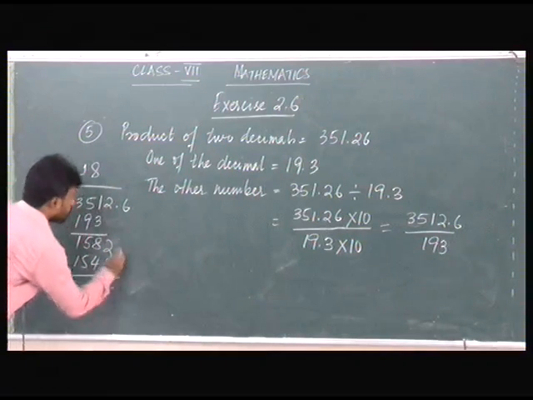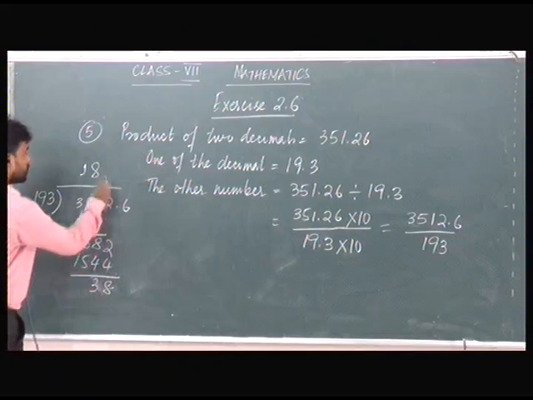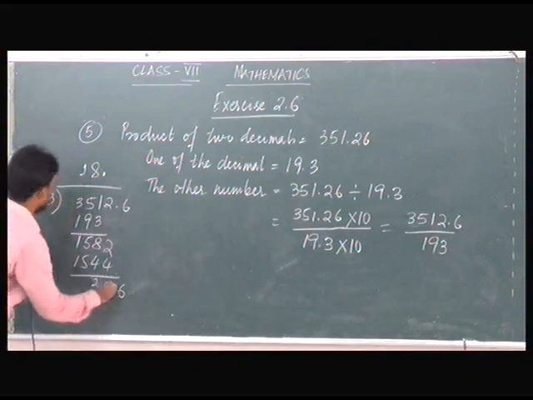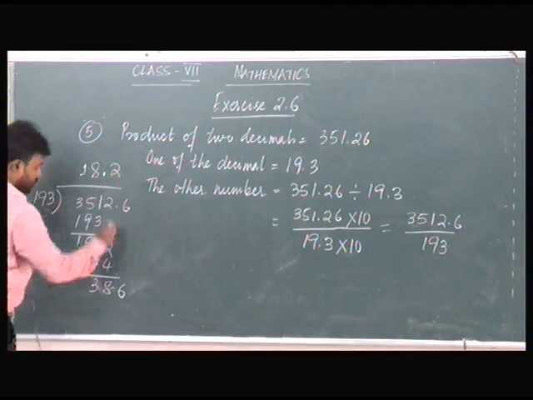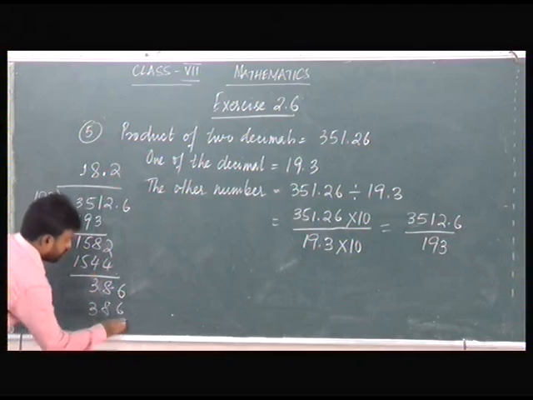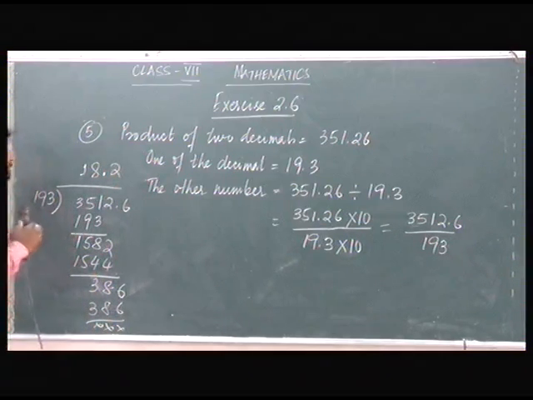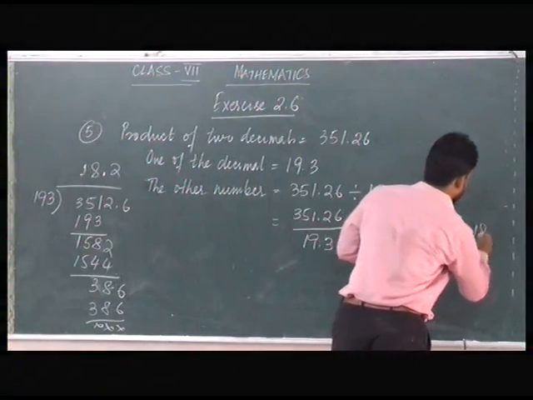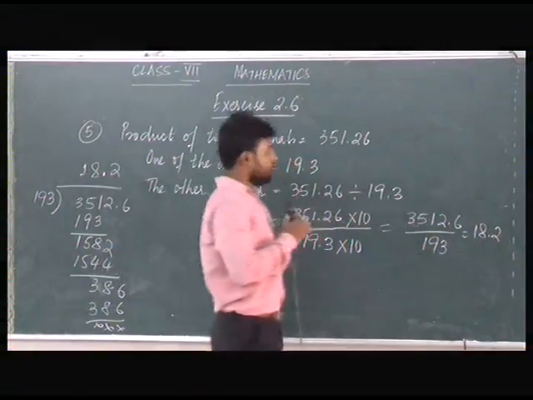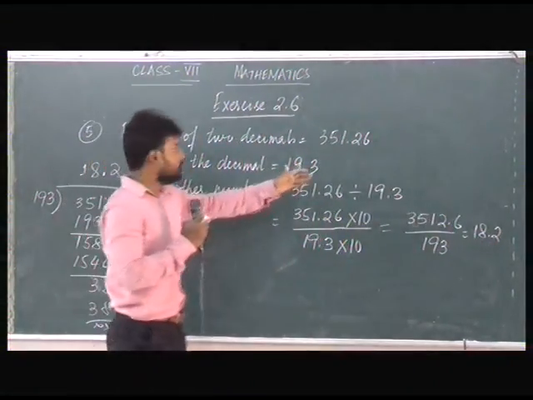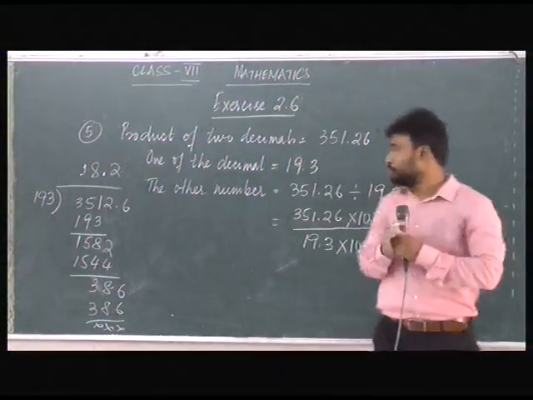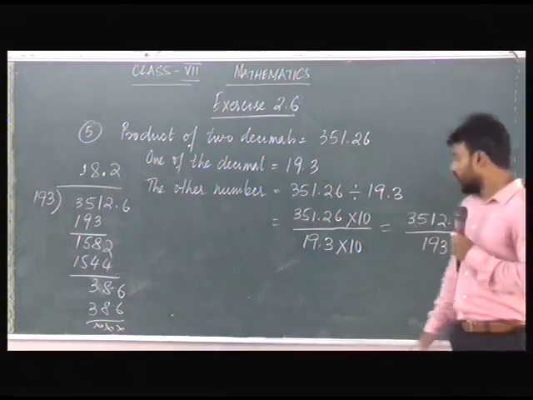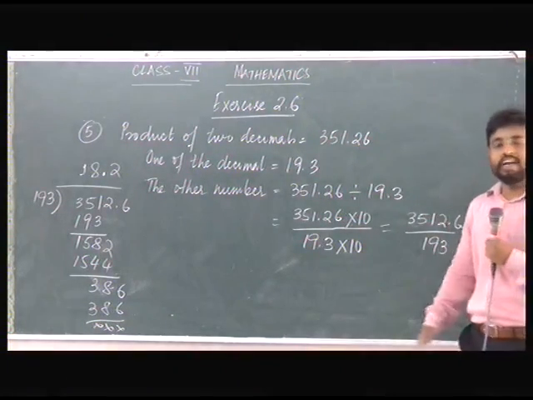Bring down this 6. Before bringing down this 6, you have a decimal, so put a decimal here. 193 will go 2 times. So your ultimate answer will be 18.2, that you can write here. So if the product is 351.26 and one number is 19.3, the other number will be 18.2, found by dividing the product by that number.